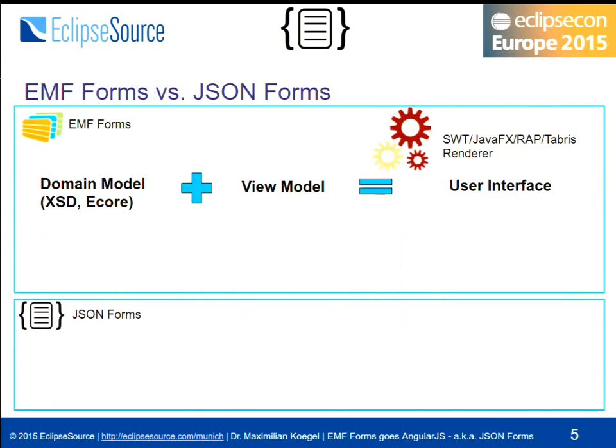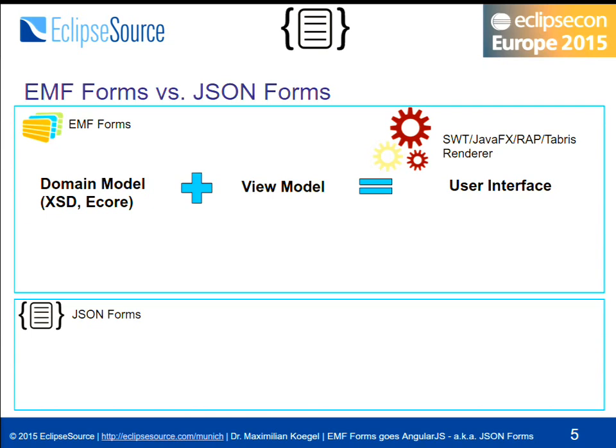How does that relate to EMF Forms? So we have seen that in EMF Forms, we take the domain model as an eCore, we have the view model, which is another EMF model, and we receive a user interface. And for EMF Forms, there's a bunch of different renderers that accomplish that. Most prominently, maybe the SWT renderer.